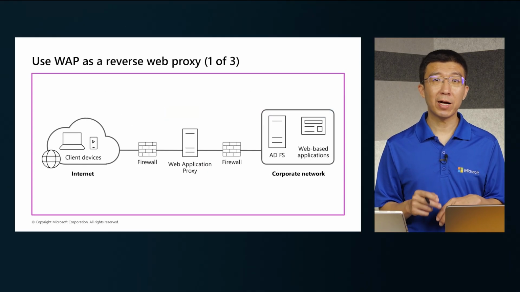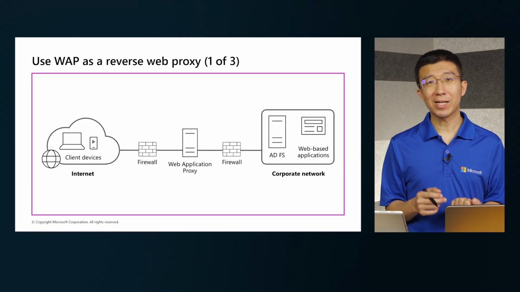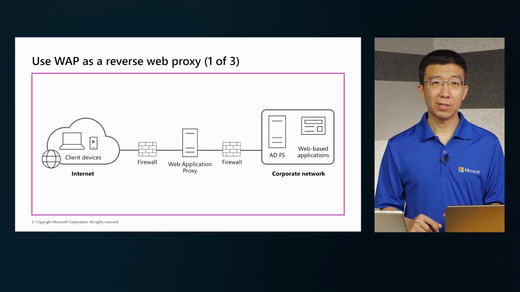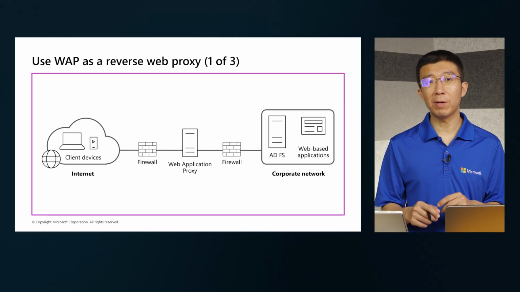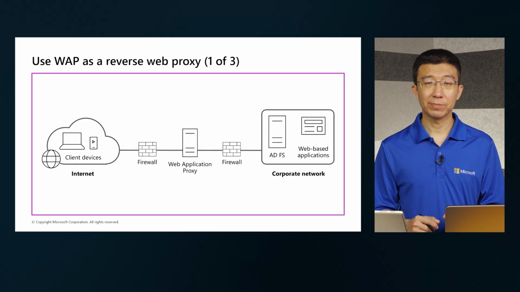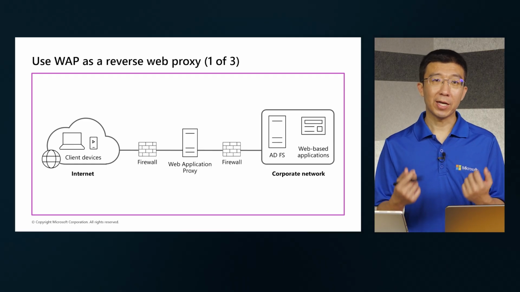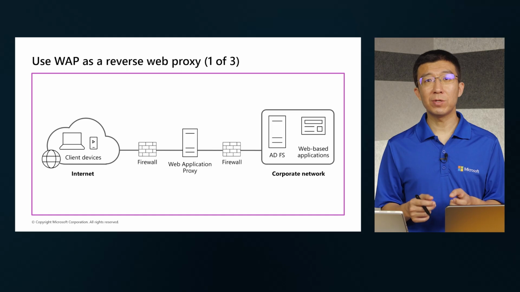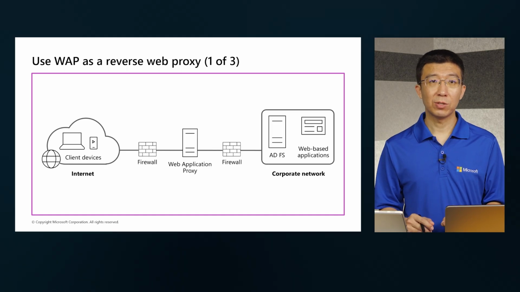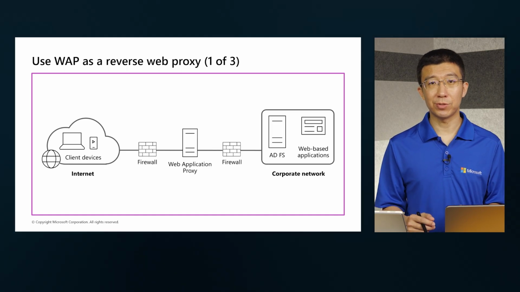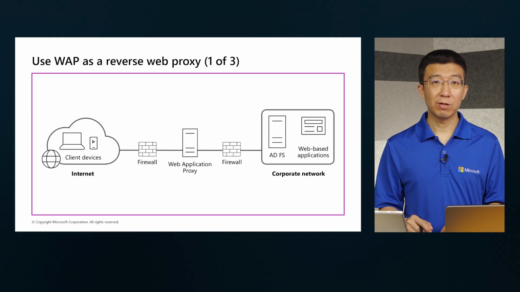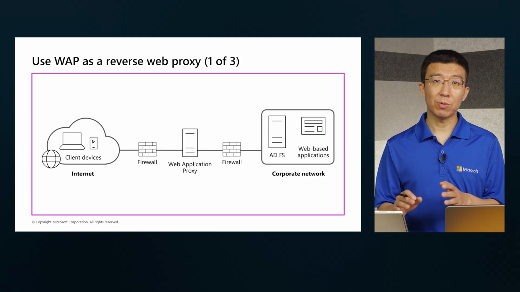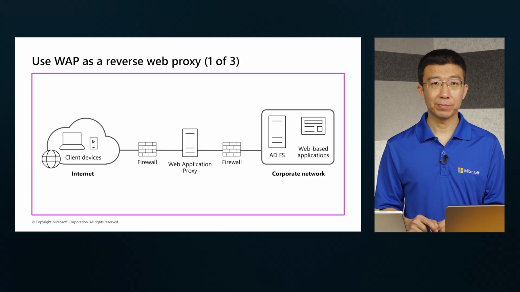Web Application Proxy, or WAP, is a remote access role service that acts as a reverse proxy, allowing users on the Internet to access internal web applications securely. WAP can use Active Directory Federation Services, ADFS, to pre-authenticate users and acts as an ADFS proxy for publishing claims-aware applications.